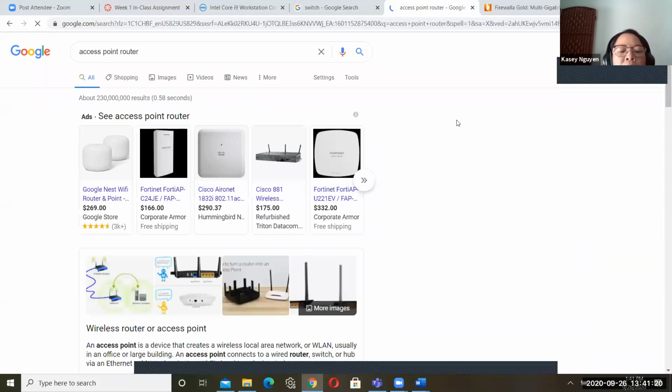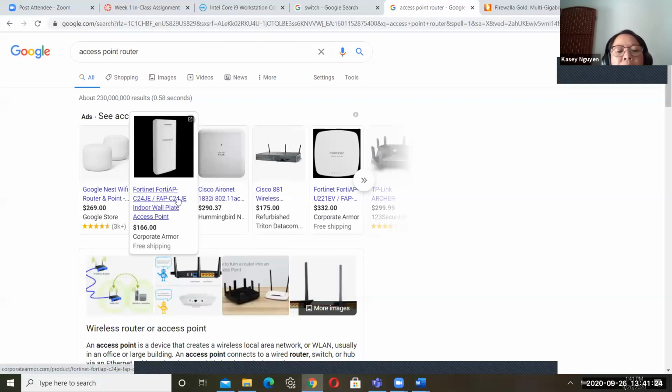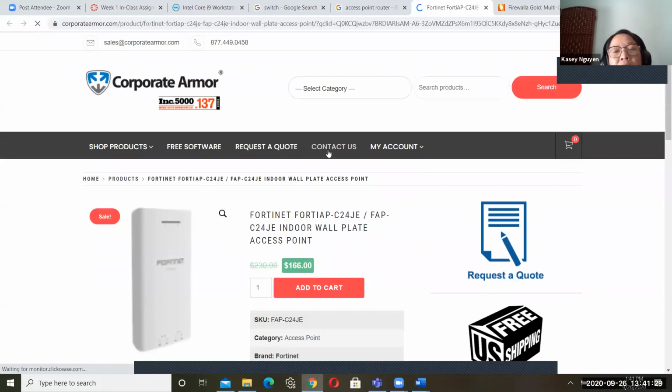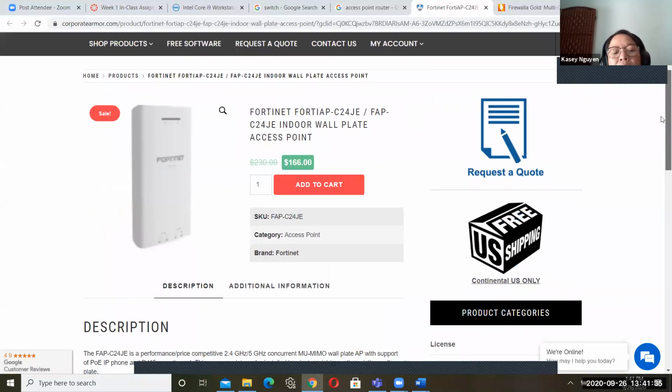We'll talk more about wireless down the line. A lot of people think they're the same, but you can have a wireless router that is an access point, and you can have an access point that is not a wireless router. They could be different. Okay.